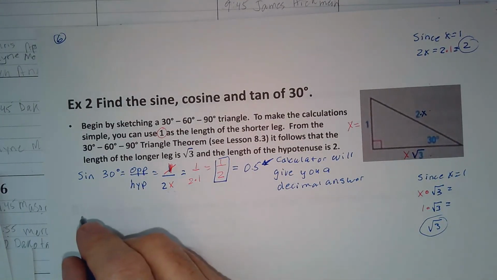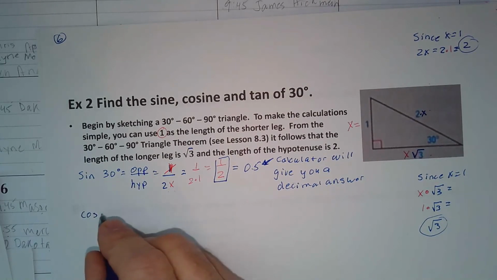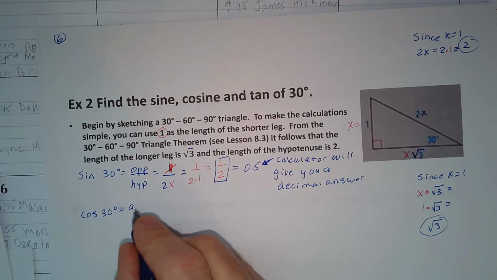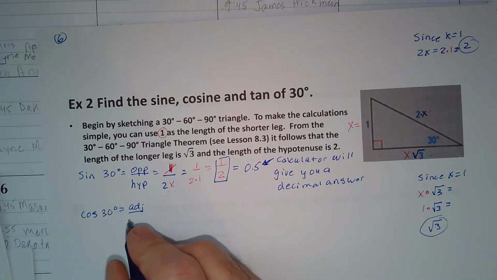All right, now let's do the cosine. So cosine of 30 degrees equals adjacent over hypotenuse.